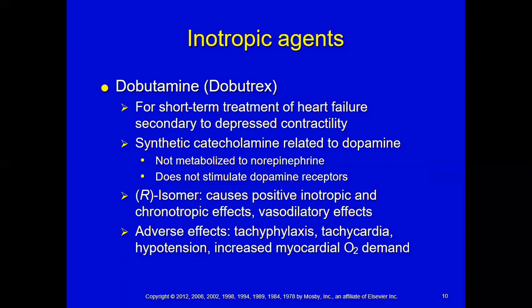What we see is this, you're going to get some tachycardias. I can get hypotension. And because I'm increasing my heart rate, I can increase that myocardial oxygen demand for my heart. So we have to be very careful with dobutamine. This is a very short-term med for my heart failure patients.